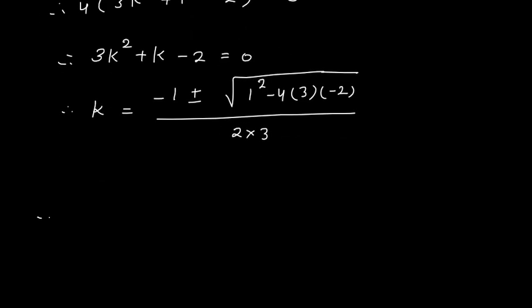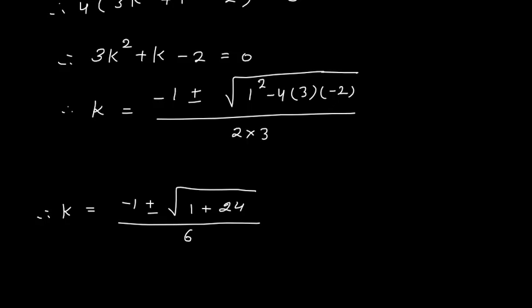So therefore finally we get k equal to minus 1 plus or minus root of 1 plus 4 times 8, and 8 3s are 24, and the whole divided by 3 2s are 6. So this is minus 1 plus or minus root 25, and the whole divided by 6.